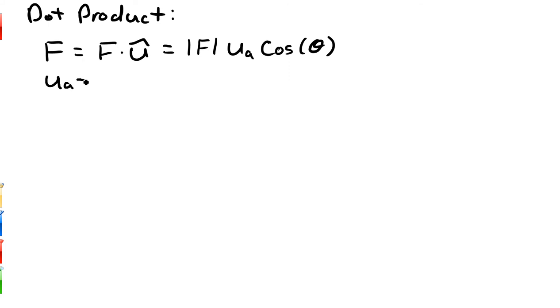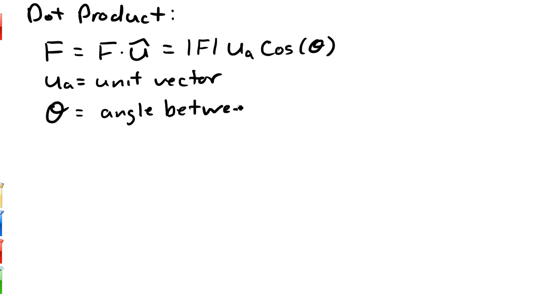So your UA is your unit vector, and your angle theta is the angle between the vector and its direction.